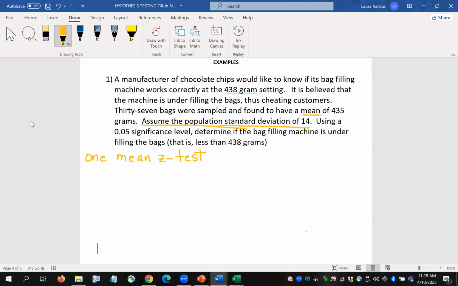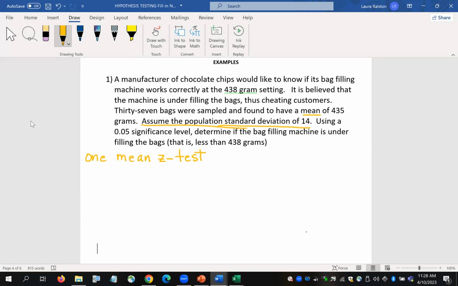Because guys, here's what's going to happen. On the final, I may give you this scenario, and you will have to identify through those clues that this is a one mean Z test.